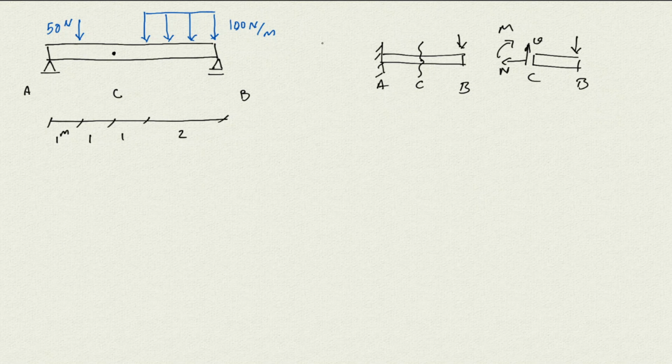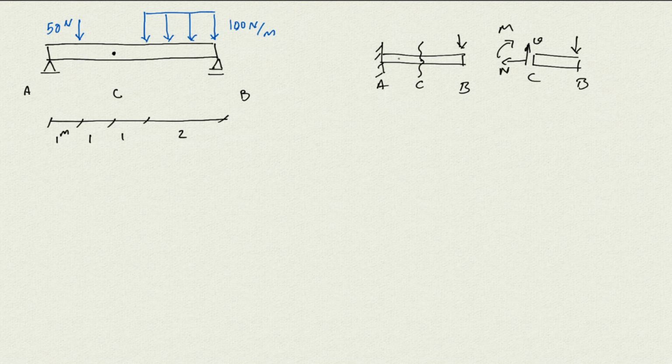But if you look at here, if I cut through this section and split it into two, either I choose the left side or right side, I'm going to end up having the reaction in that section. If I choose the left side, I would have the reaction at A. If I choose the right side, I would have the reaction at B. So there's no way that I can cut this in two and analyze it without knowing the reaction.